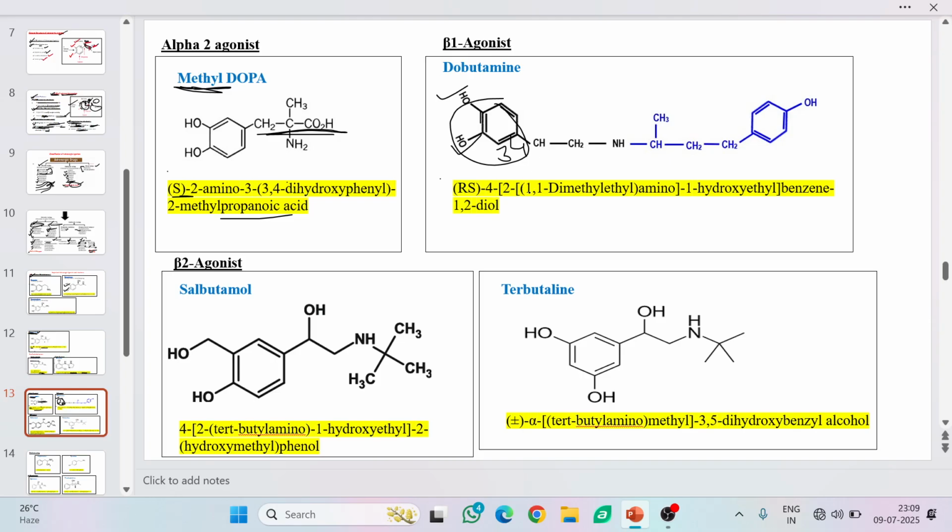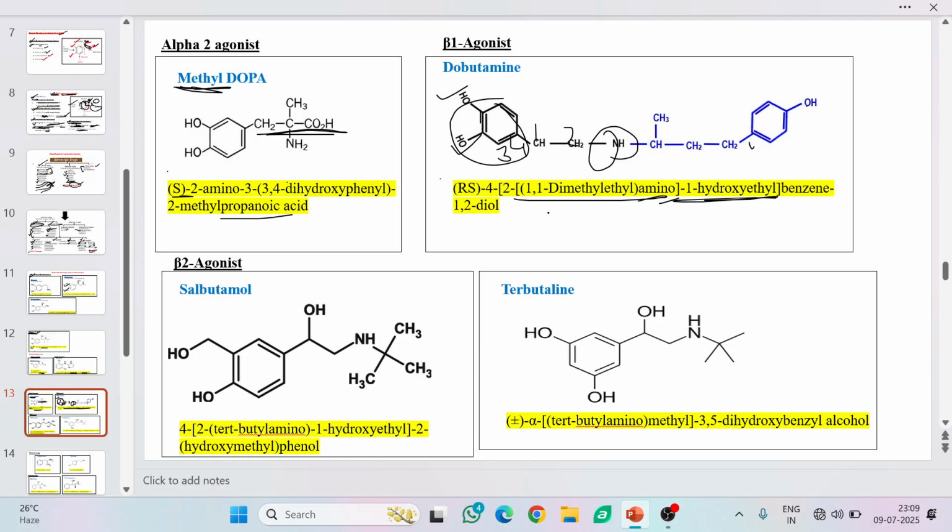So this is 4 in bracket 2. Again, this is 1, this is 2, 2 in bracket 1,1-dimethylethyl amino. This amino group is present. Then 1-hydroxyethyl benzene-1,2-diol.